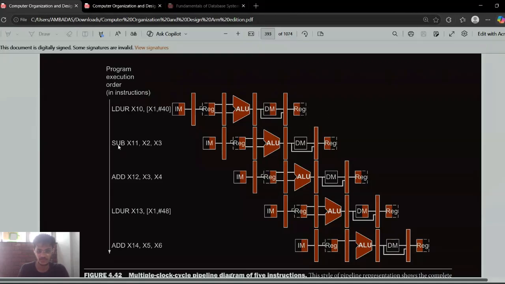Similarly for subtract, things work a bit differently because this is our R-format instruction. The systematic approach for these instructions is the same for subtraction instructions.